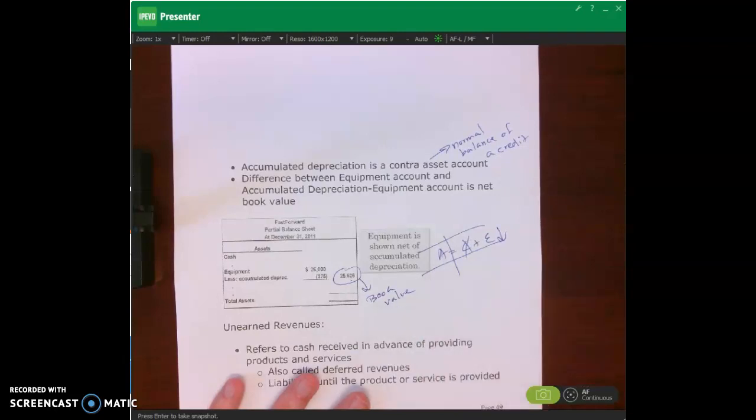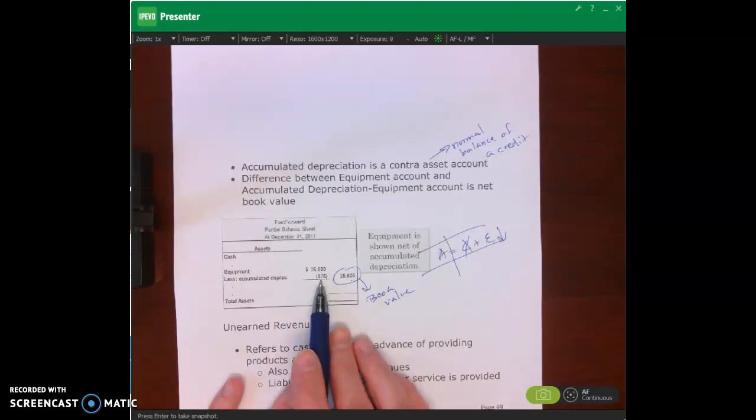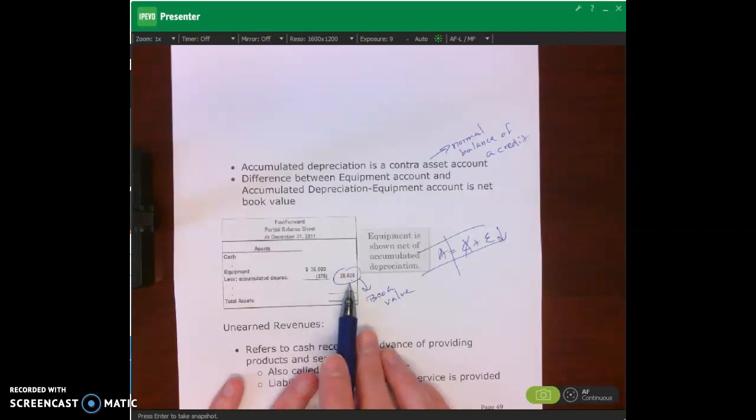But assets go down. Now, why do assets go down? Because I didn't credit the asset, did I? I didn't credit equipment. What I did is I credited accumulated depreciation and then subtracted that from the cost of the equipment to give me the book value. And this dollar amount, which is the book value, comes into the total assets calculation.